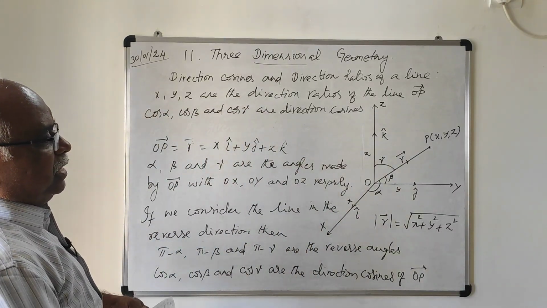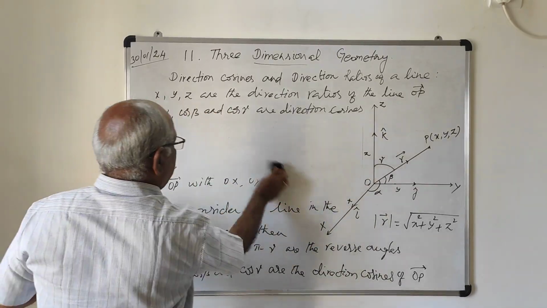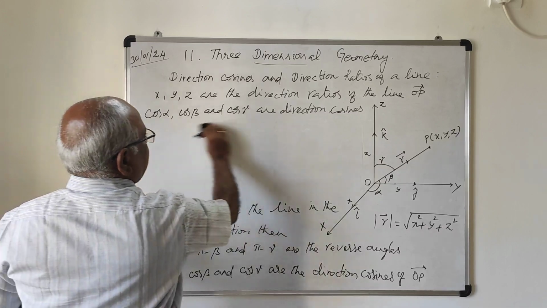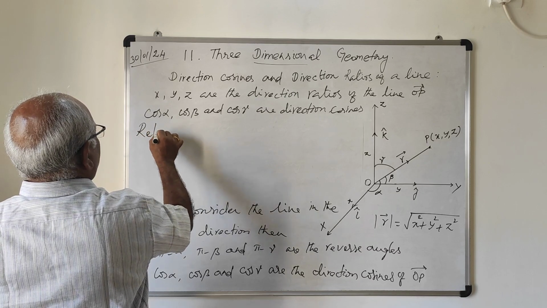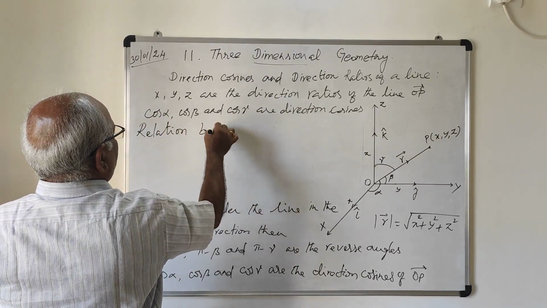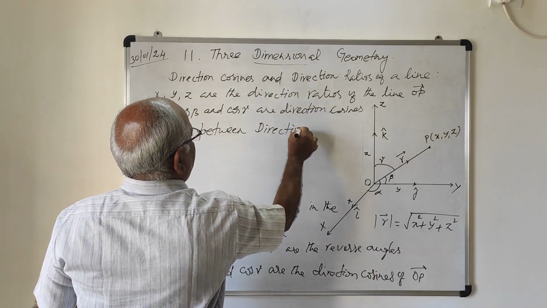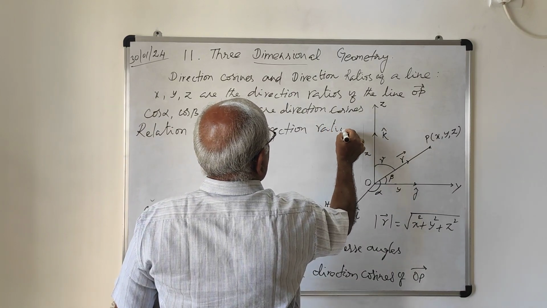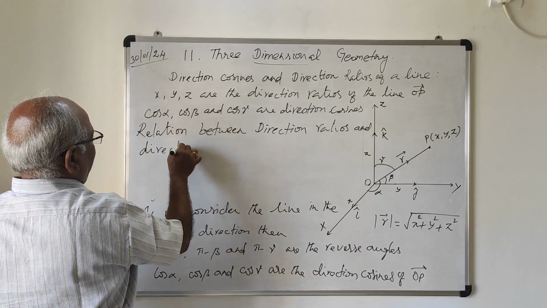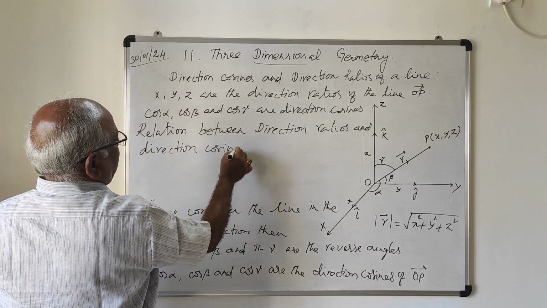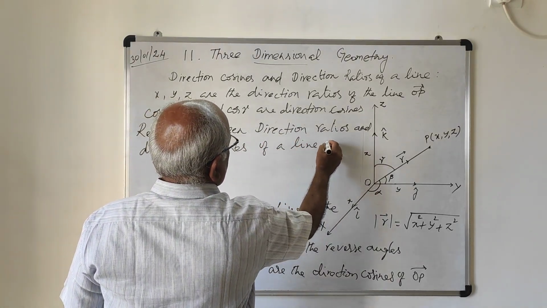Now, relation between direction ratios and direction cosines of a line. That's our next concept.